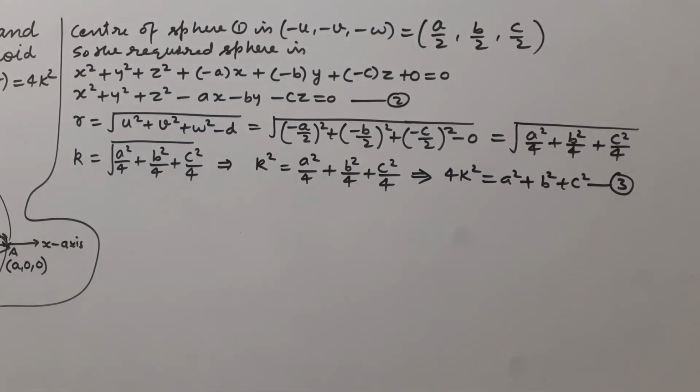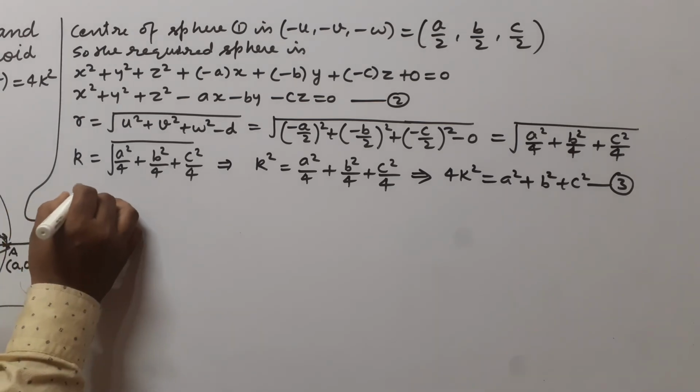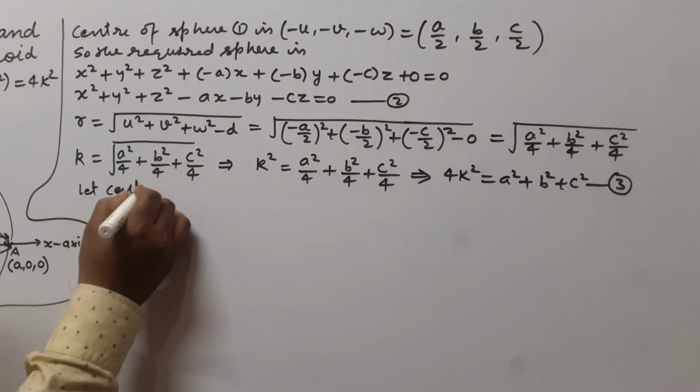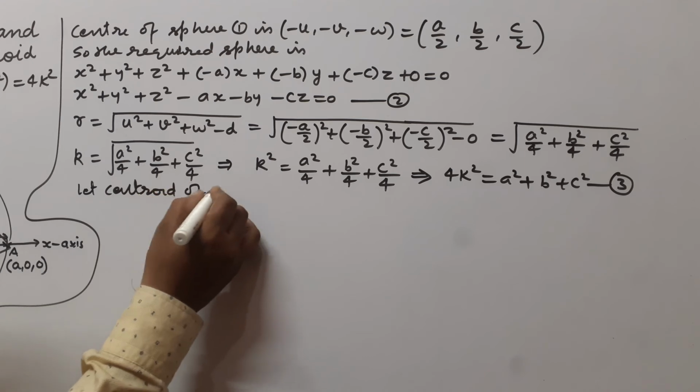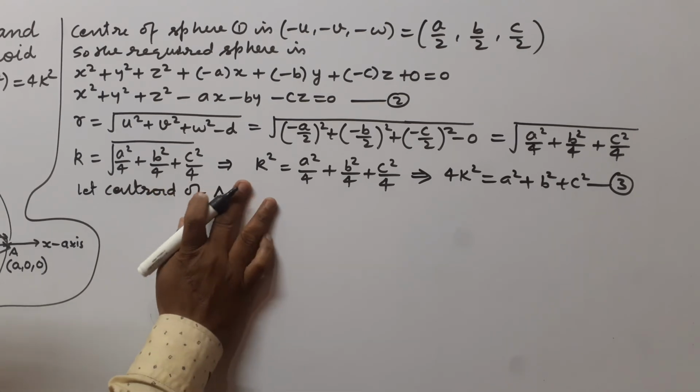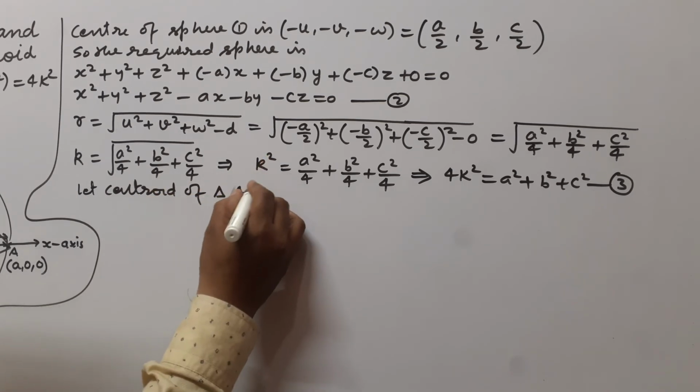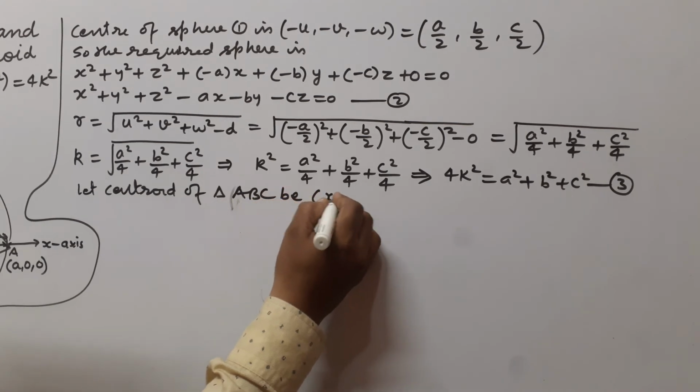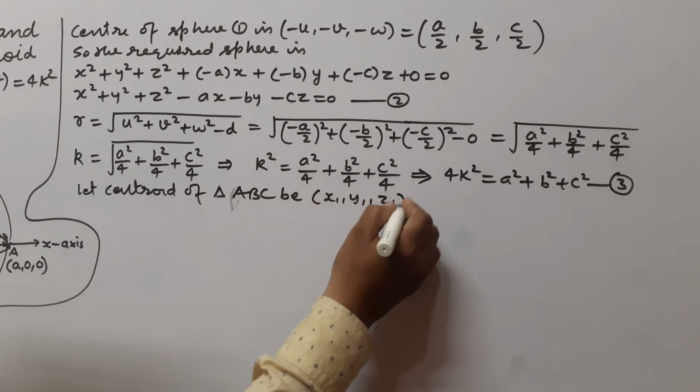Now we have to prove that the centroid of the triangle ABC lies on the sphere 9 times x square plus y square plus z square is equal to 4k square. So here we find the centroid of the triangle. So let the centroid of triangle ABC be x1, y1, z1.